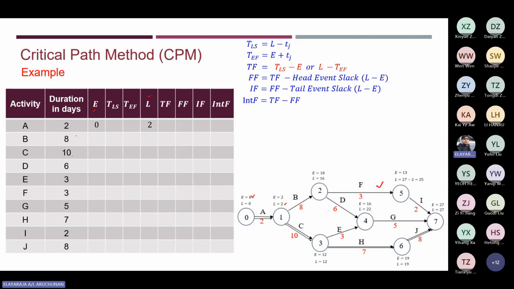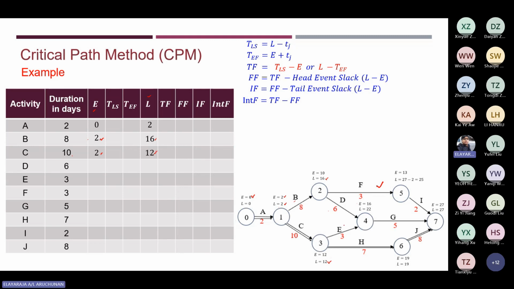Likewise activity B: earliest starting time is 2, so you write the 2 here, and the latest finishing time is 16, so write 16 here. Again for activity C, earliest starting time is 2, and the earliest finishing time is 12; substitute here.